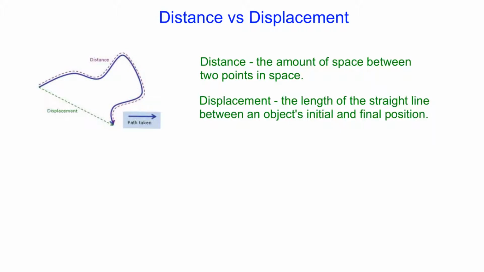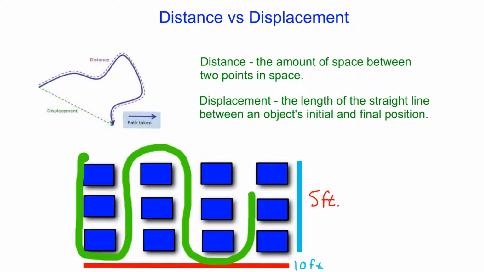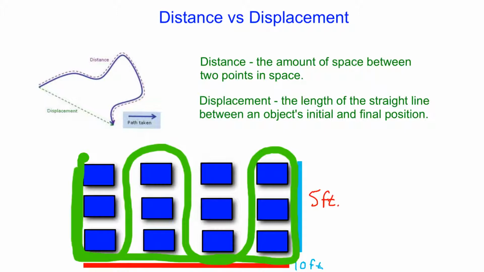If you have in a classroom a person who stands at one corner of a row of desks, and they run down that corner and around this way and up, around, let's say they come all the way back here.